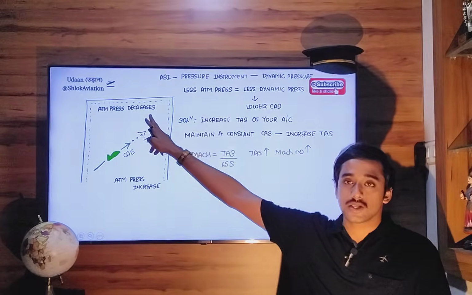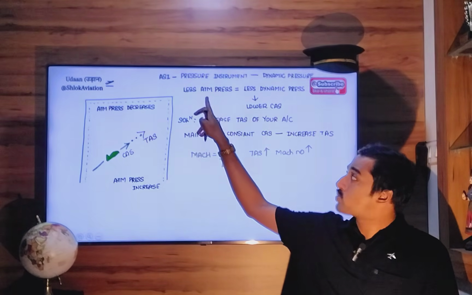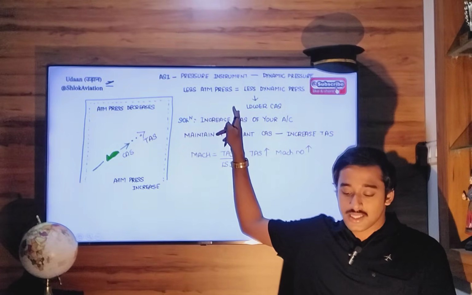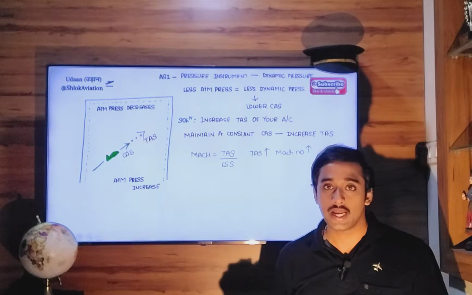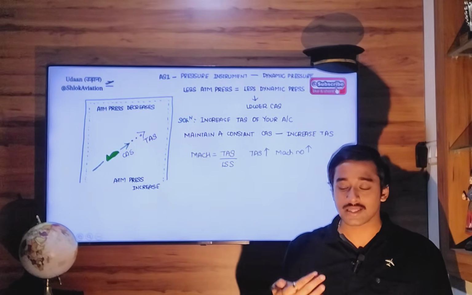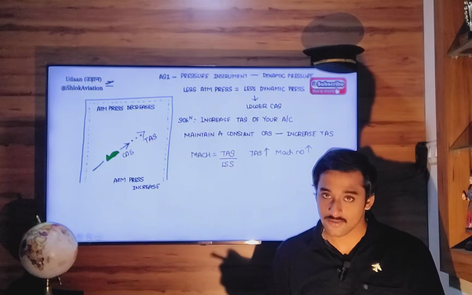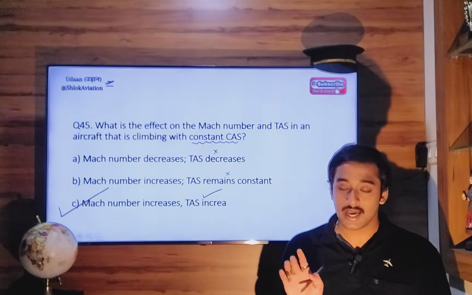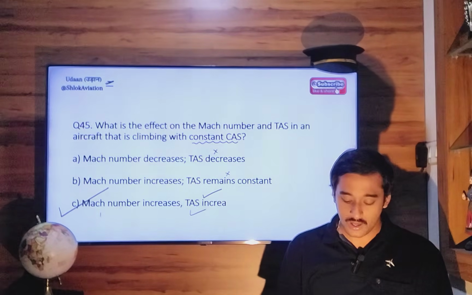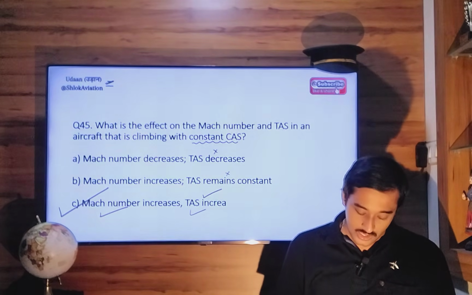Atmospheric pressure decreases. This decrease in atmospheric pressure is equal to a decrease in dynamic pressure, translating into a lower calibrated airspeed indication. So to prevent that from happening, we must increase or accelerate the true airspeed of your aircraft. So in a constant calibrated airspeed climb, your true airspeed increases, and so does the Mach number.